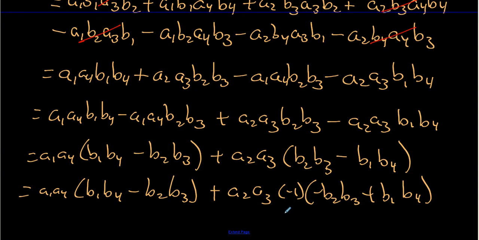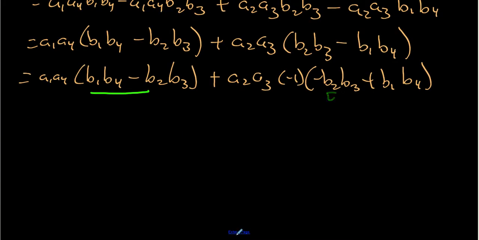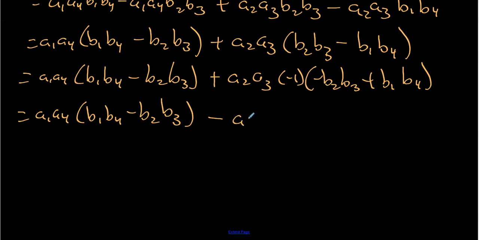At this point, I want to clean this thing up because I want to make it very easy to do a little bit more factoring. So this minus sign is going to come out here, and I'm going to swap the order here so that it looks just like the order over there. And when we do that, we're going to have a1 a4 times b1 b4 minus b2 b3, minus a2 a3 times b1 b4 minus b2 b3.